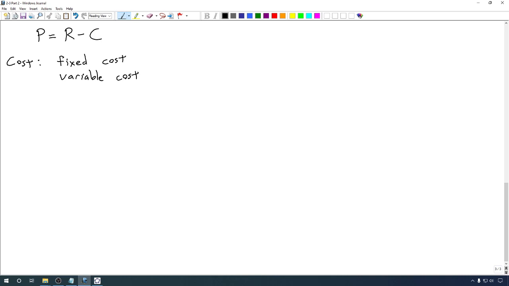So a simple model for cost might be something like C is equal to the fixed cost plus the variable cost times X. Okay? That's not too bad.